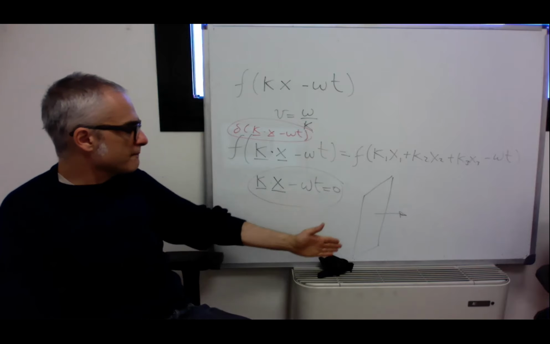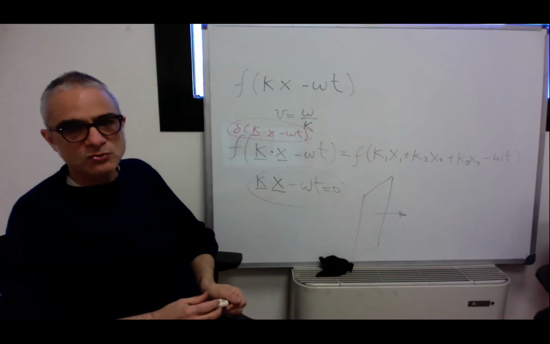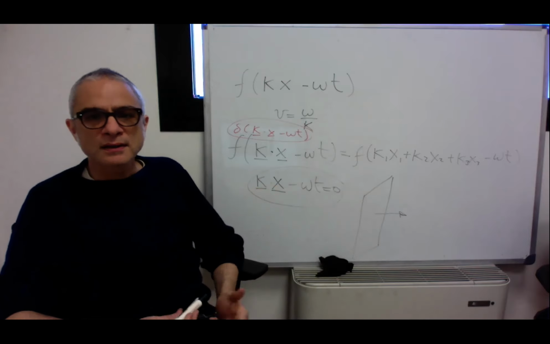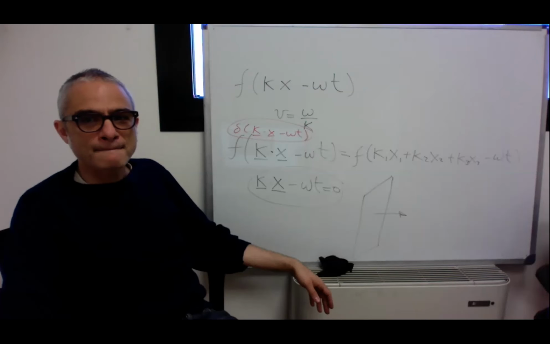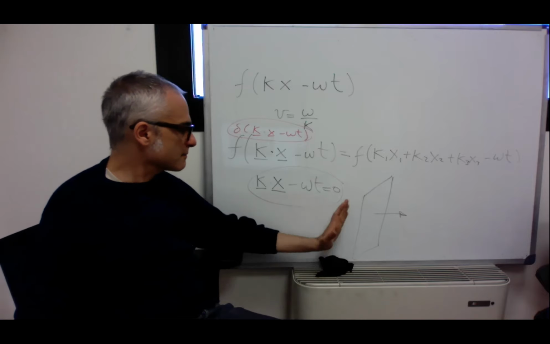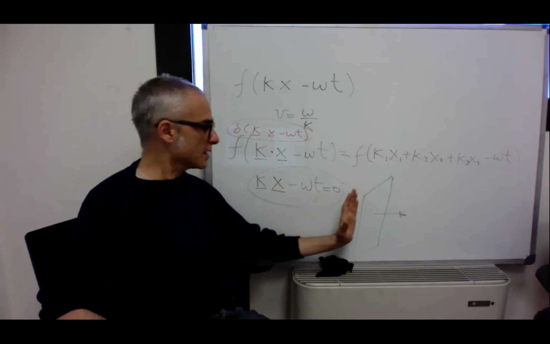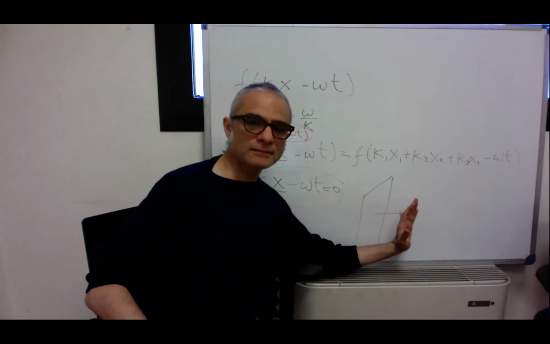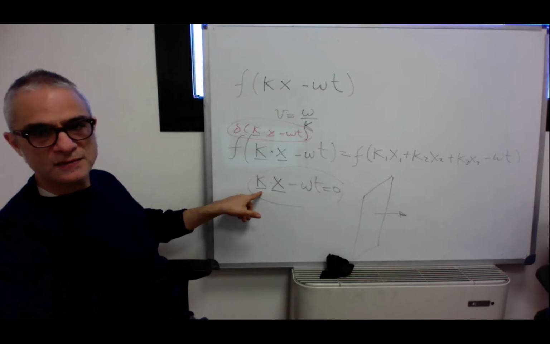So if you fix t, they form a plane: k1 x1 plus k2 x2 plus k3 x3 equals a number is a plane in 3D. As time passes, the same equation holds, but this number changes, and so this plane moves around. The direction in which it moves is given by this vector k.